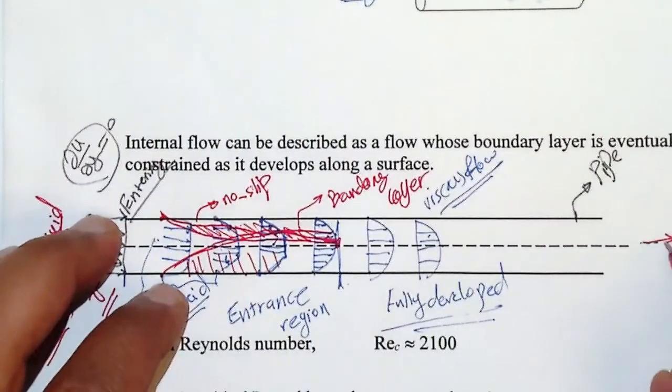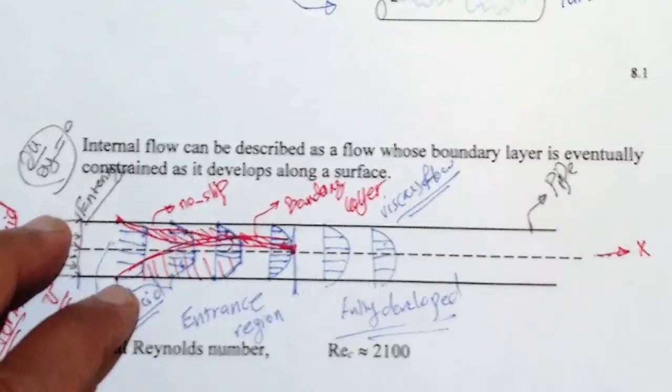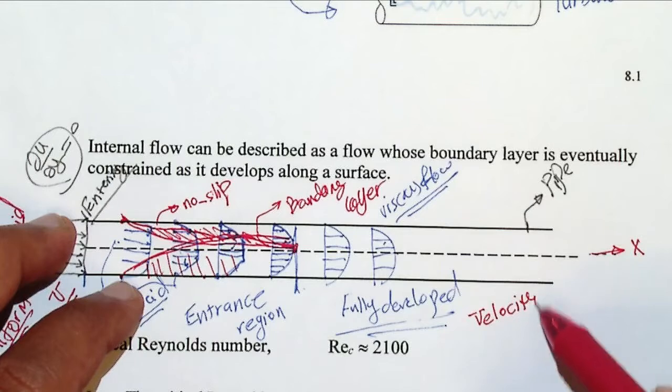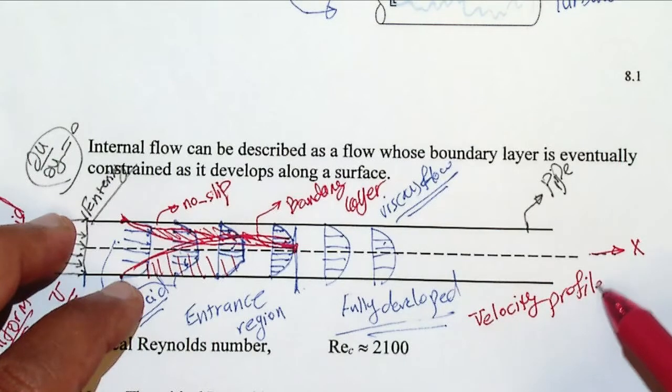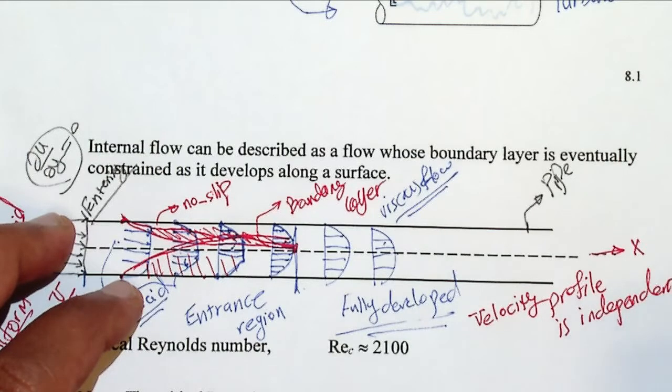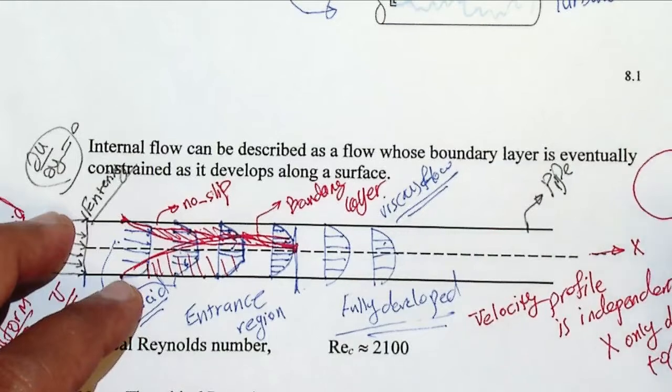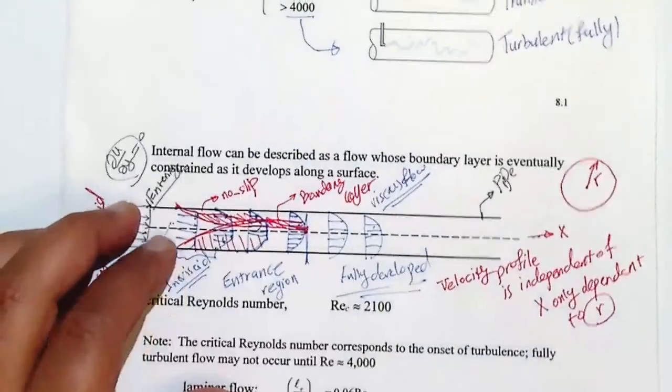If that's the direction of x, after that the velocity profile keeps its shape without change. It is independent of x, and only depends on what? R, right? Because in the cross-section, the velocity at the center is high, but moving with R toward the wall, it's going to be 0.